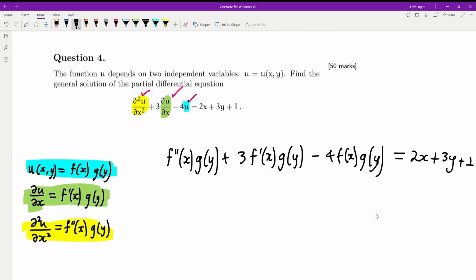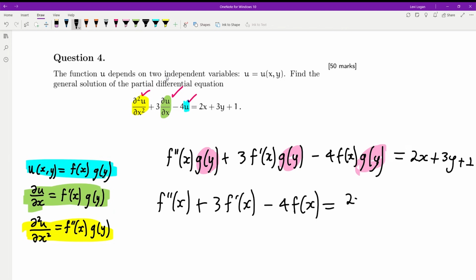What's quite obvious is that all of the terms on the left hand side contain g of y. So we could factorize that out and divide both sides by it. What we're left with is f double dash of x plus 3 f dash of x minus 4 f of x equals 2x plus 3y plus 1 all over g of y.